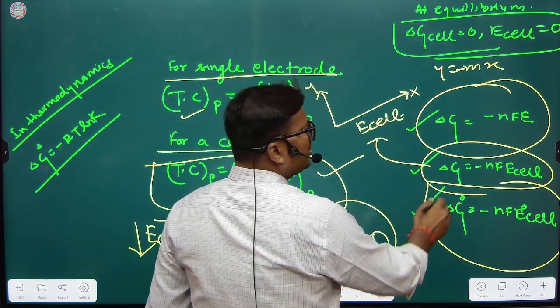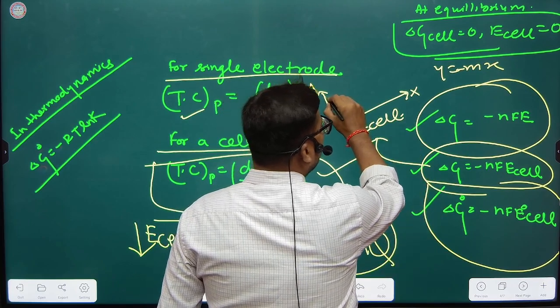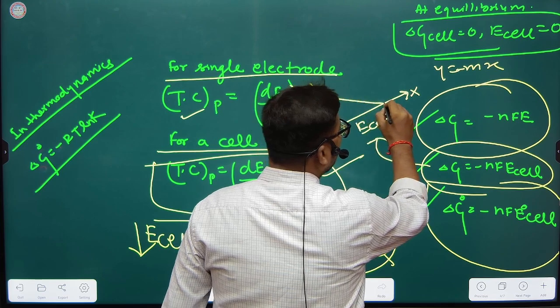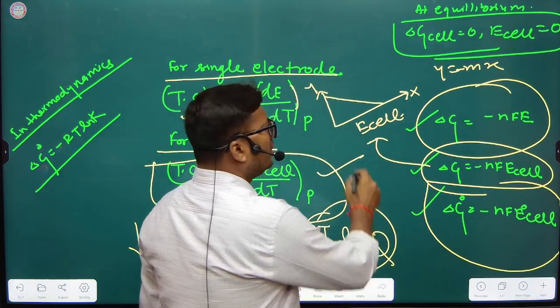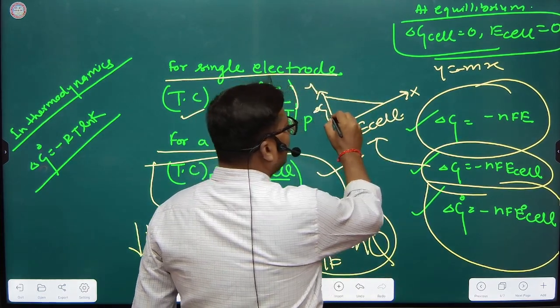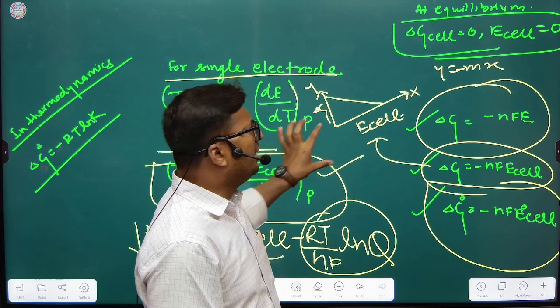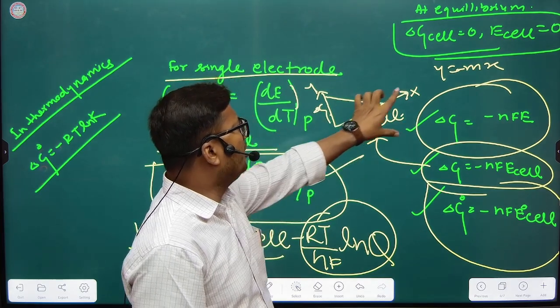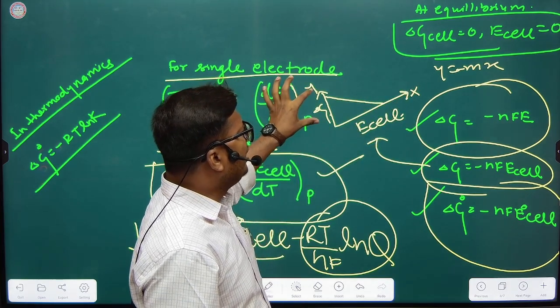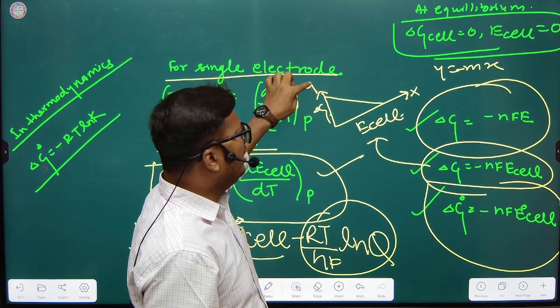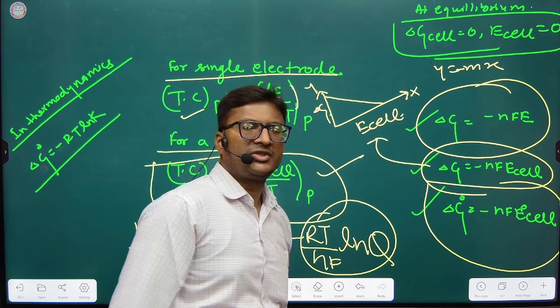So this actually decreases delta G. Once the cell potential increases from a lower to a higher value, the change in Gibbs free energy decreases linearly.